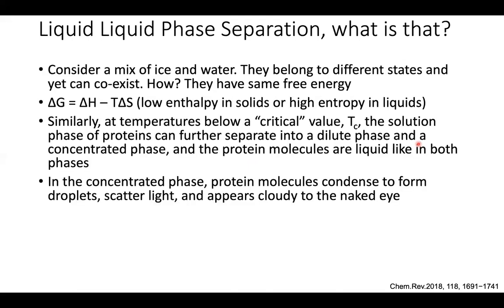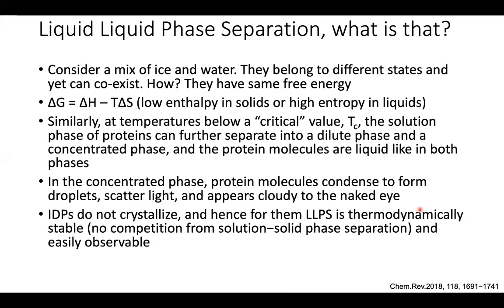So that's what we call the concentrated phase. Naturally, if you have a high density region, you will scatter light and it appears cloudy to the naked eye. It's the same principle by which you see the clouds in the sky.